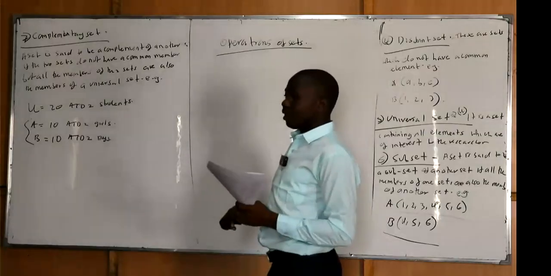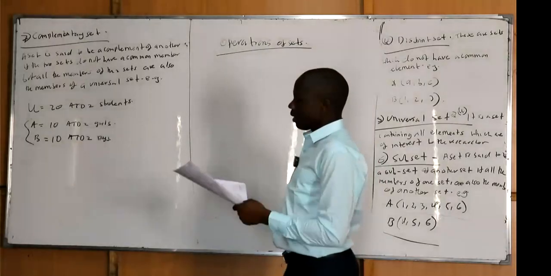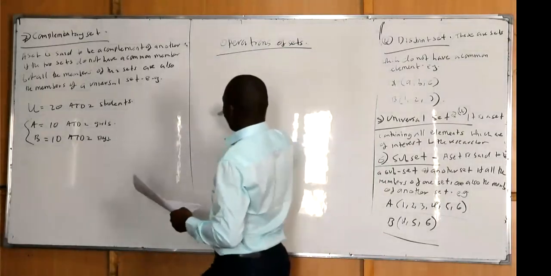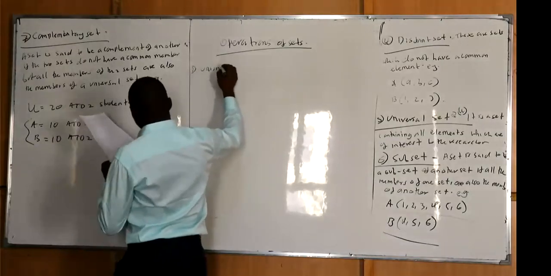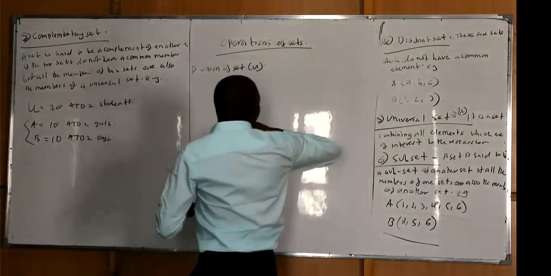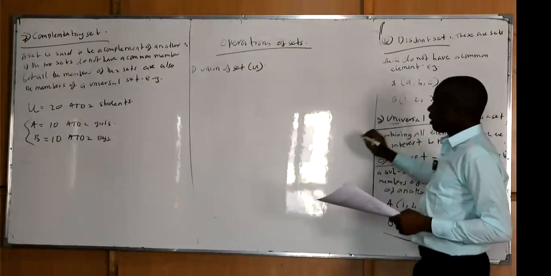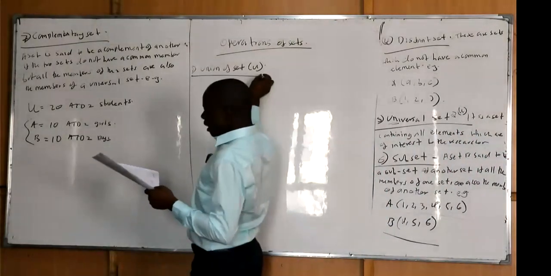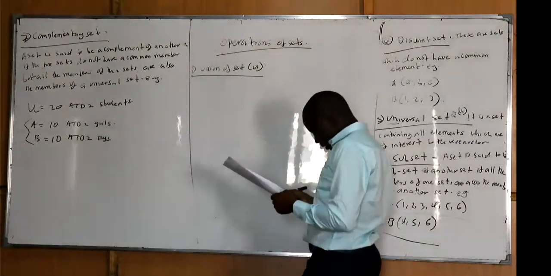And if you do not understand this, you will not understand computation in set theory. So you have to get it right. Number one, we have a union of sets. It is denoted by U. Remember, a union comes from the word universal. Then we have intersection of sets.